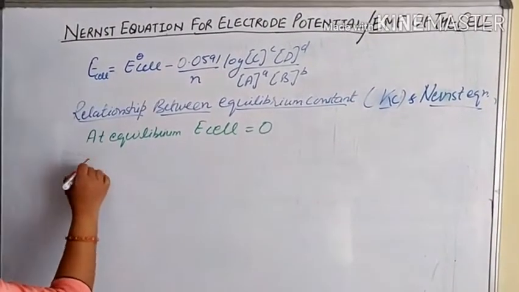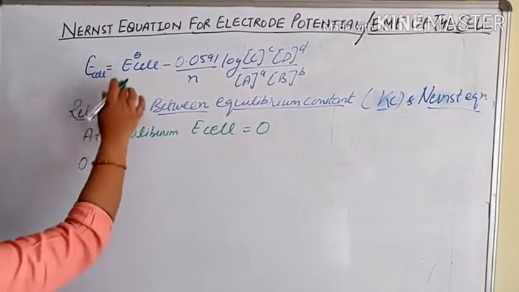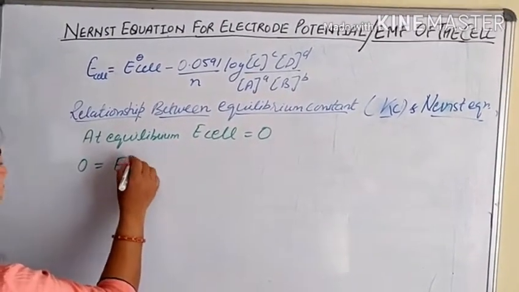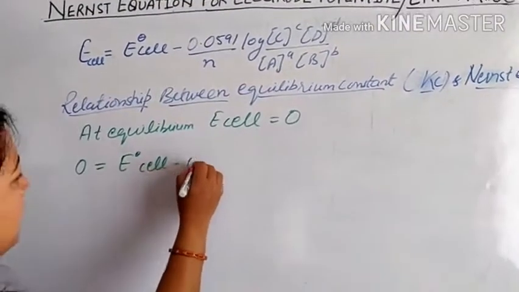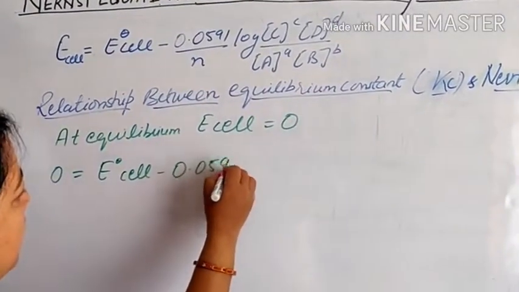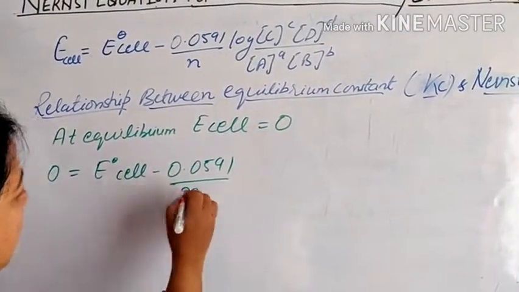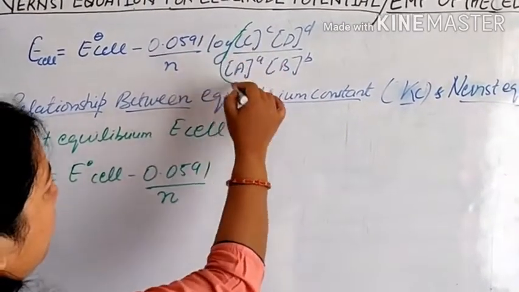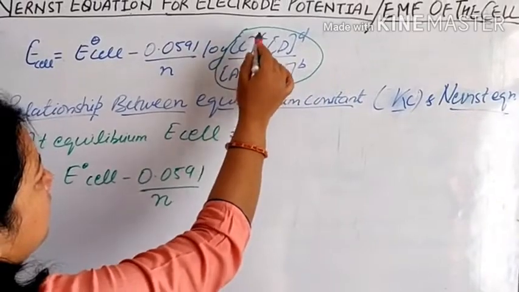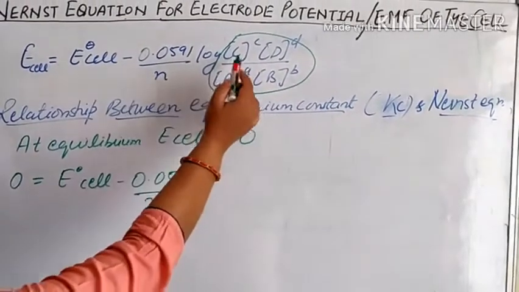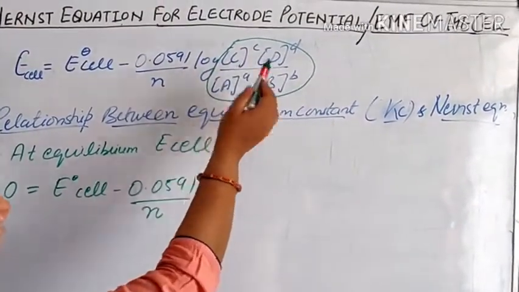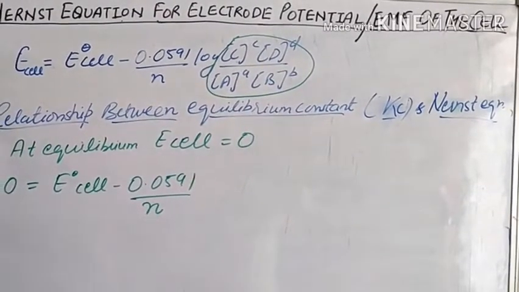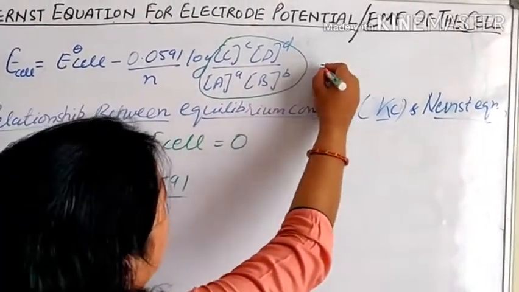So with E cell equal to 0, the equation can be written as 0 equal to E naught cell minus 0.0591 upon N, and at equilibrium this value, log of the concentration of products to that of reactants raised to the power of the stoichiometric coefficients, is equal to Kc.